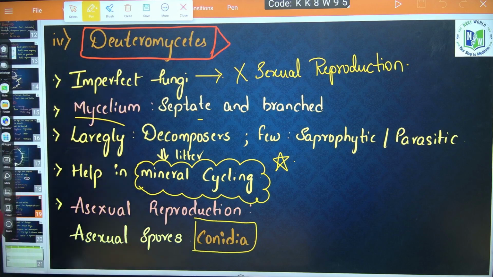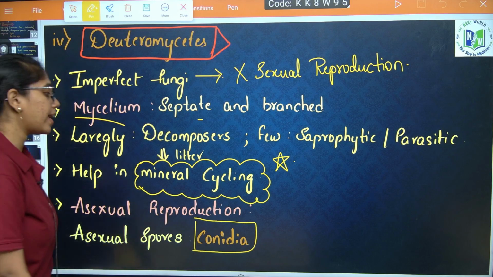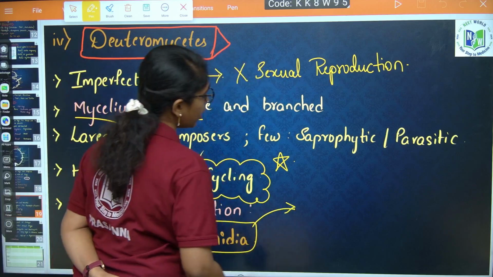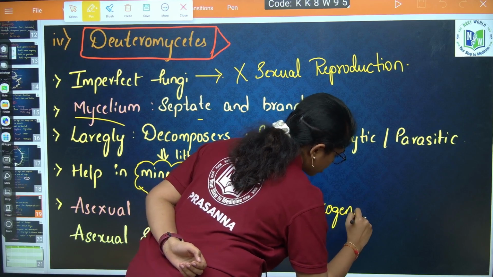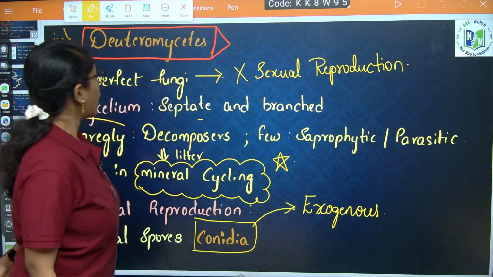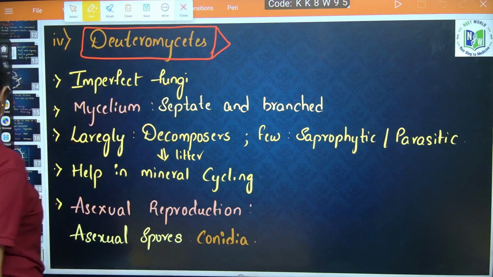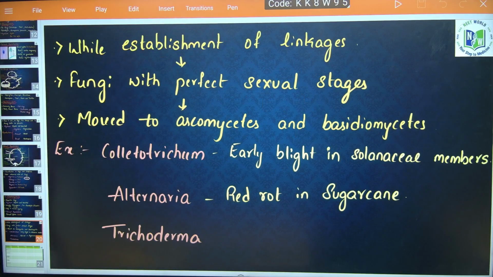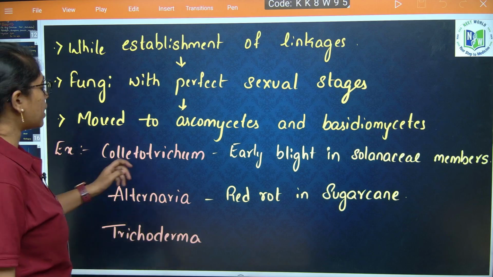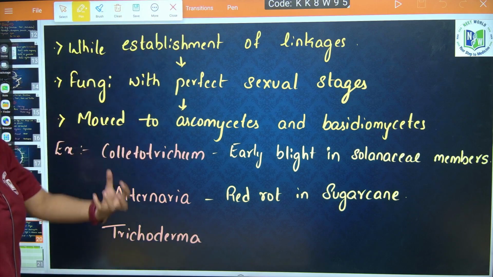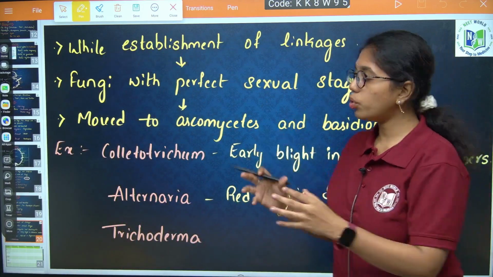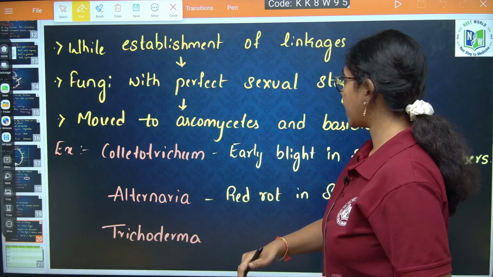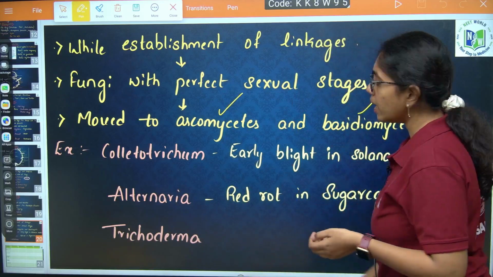Now you tell me, when asexual reproduction is through conidia, is it exogenous or endogenous? Exogenous. Next, when organisms were placed in the last class of fungi, that is Deuteromycetes, even a few fungi which include sexual reproduction were moved out of this class and placed again in Ascomycetes and Basidiomycetes.